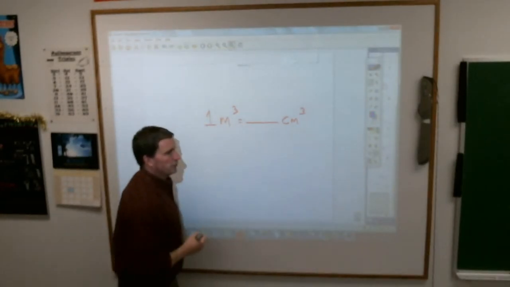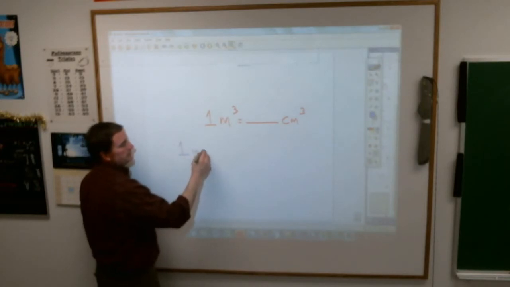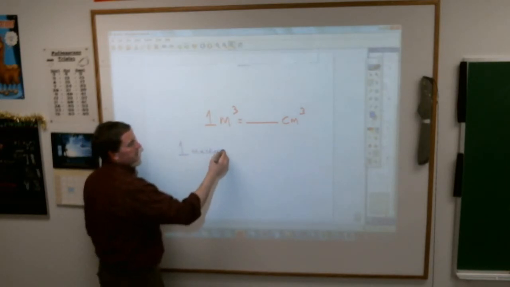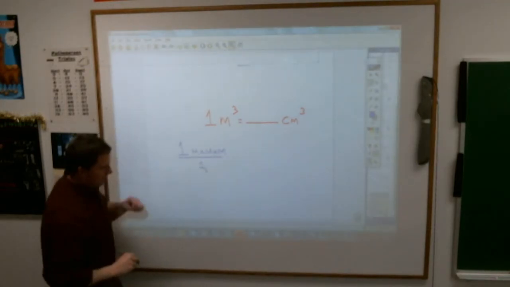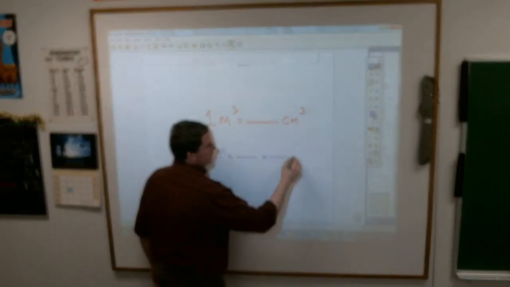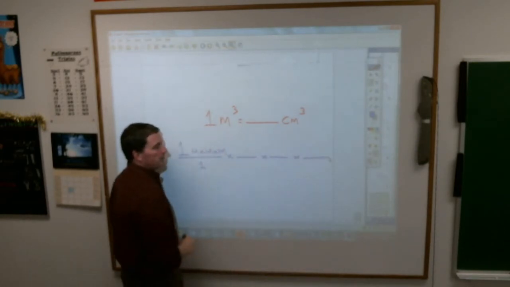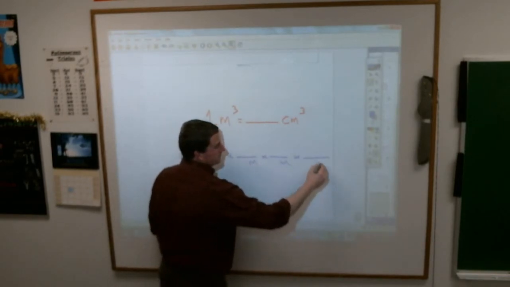Alright, so this is what it should have looked like. 1 meter cubed is meter times meter times meter, correct? Do you have that? In order to get those 3 labels to cross off, you need 3 identical unit multipliers, all with meters on the bottom.